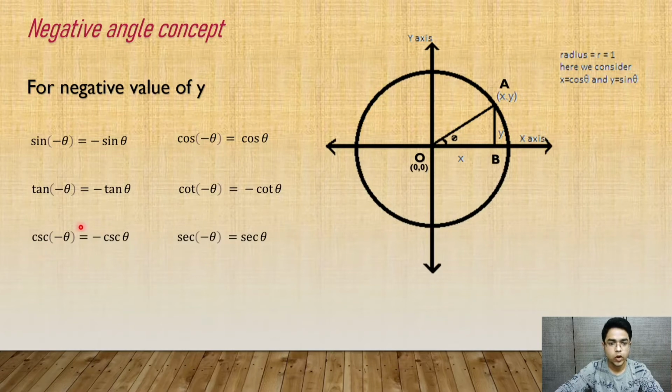The point to remember is that cosec of minus theta is equal to minus cosec theta, and sec of minus theta is equal to sec theta. Here you can see that cos of minus theta is cos theta and sec of minus theta is equal to sec theta. We are going to see about it on the next slide.